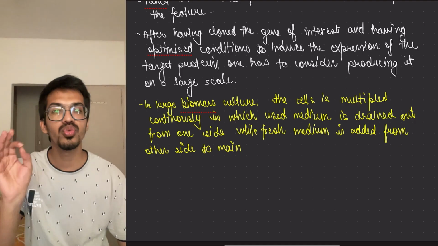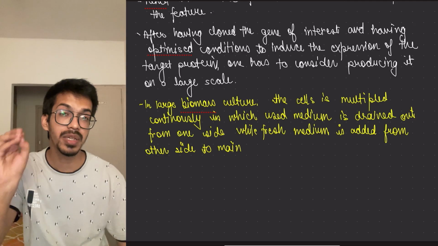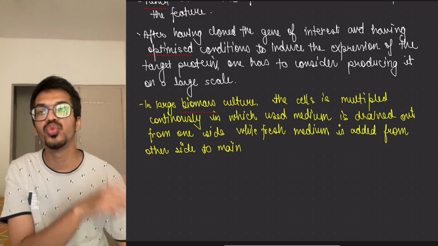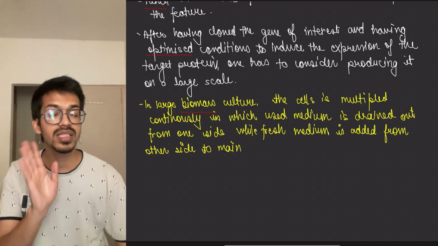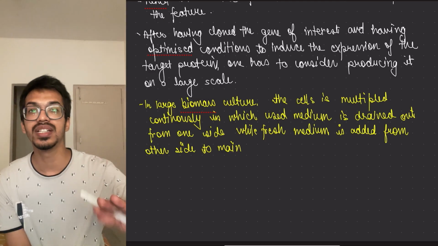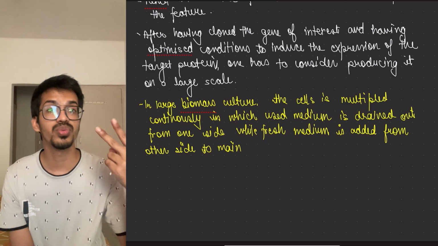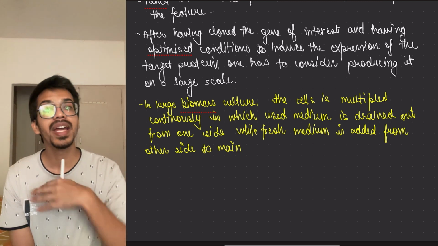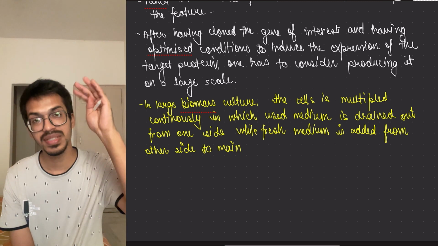So whatever waste or product has been produced, we keep on taking it out and keep on adding fresh food, water and everything, so that it can sustain and keep going. This is how exponential growth works in human population also. Currently we have space, we have food, we have so many things on planet Earth that we are exponentially reproducing, but at a certain point it will be restricted.